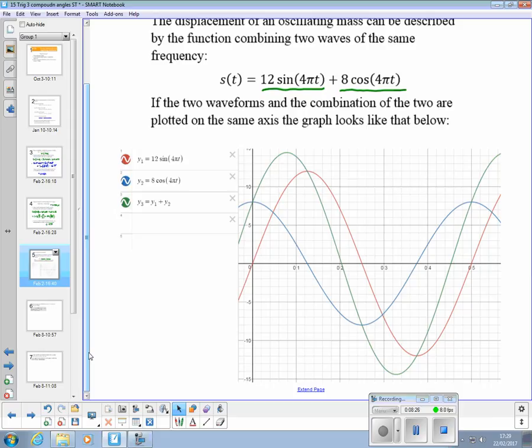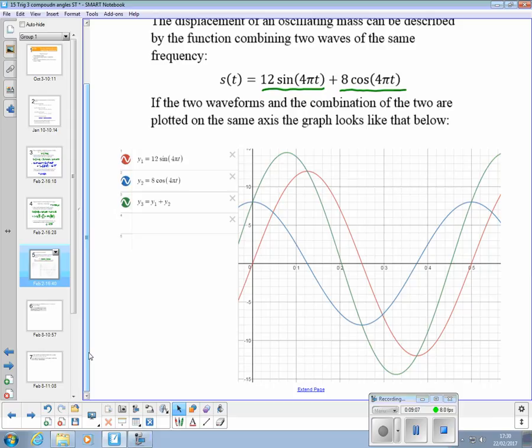The blue one, 8 cos 4 pi t, starts at the peak, 8, and goes to 0, and the cycle goes back to the peak. They're 90 degrees out of phase with the same frequency.